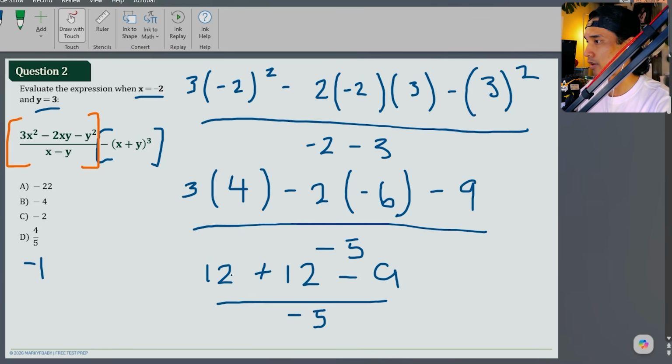So 12 plus 12, that's 24, minus 9. That's going to give me 15, right? 15 over -5. And this one's easy. What is 15 divided by -5? This equals -3. So we're left with -3.